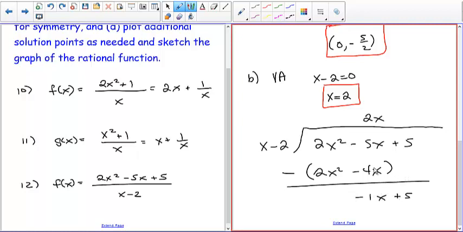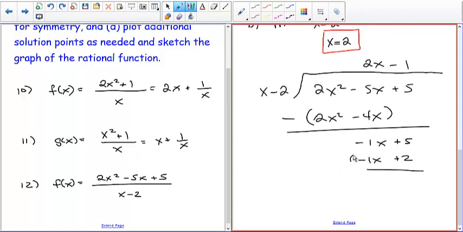What do we need to multiply x by to get negative x? It would be negative 1. So negative 1 times x is negative 1x. Negative 1 times negative 2 is positive 2. I'm really subtracting that. So these go to 0, and I have 5 minus 2, which is 3. So that's my remainder.